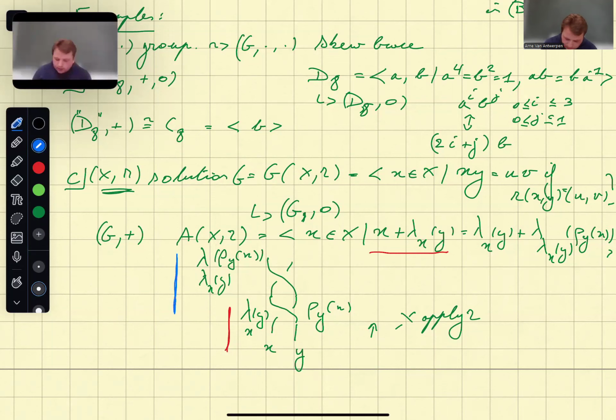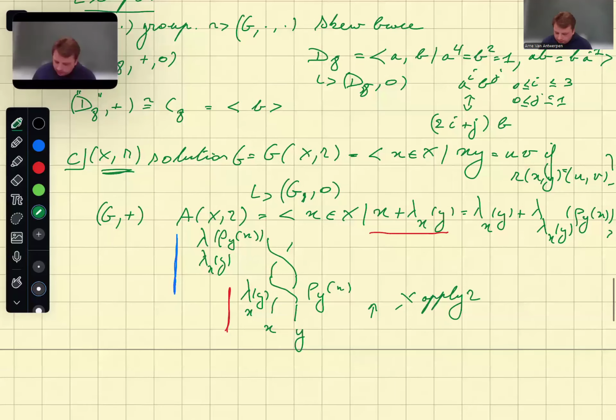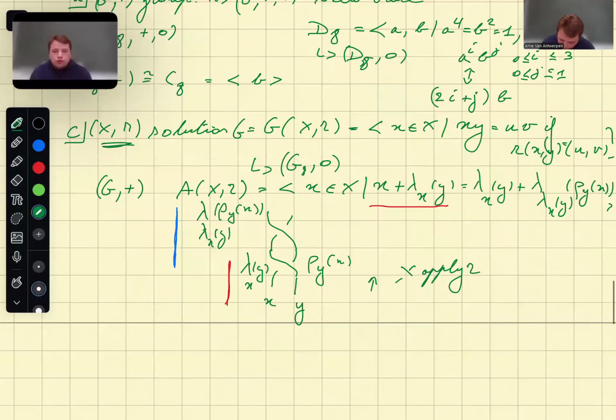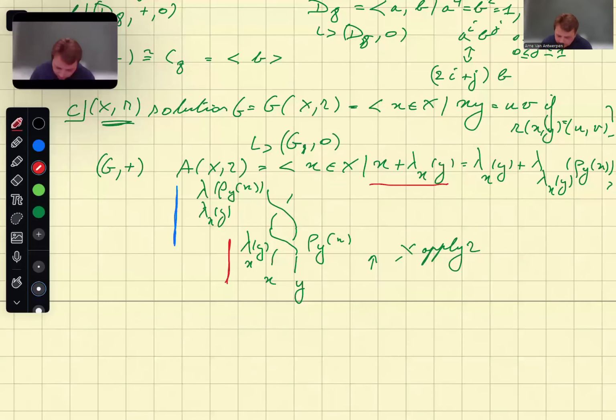That's all it measures. And for our solution, we assumed it's left non-degenerate, so we know that if I were to replace lambda x of y by z, then there has to exist such a y, such that indeed this z is lambda x of y. And then this becomes a function dependent on z and x.